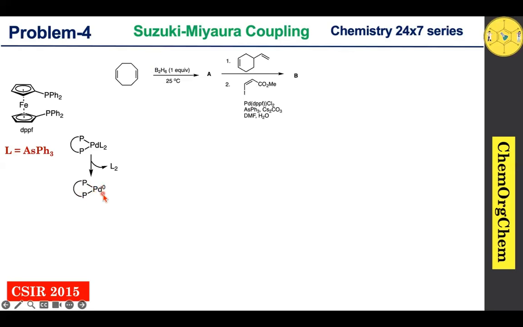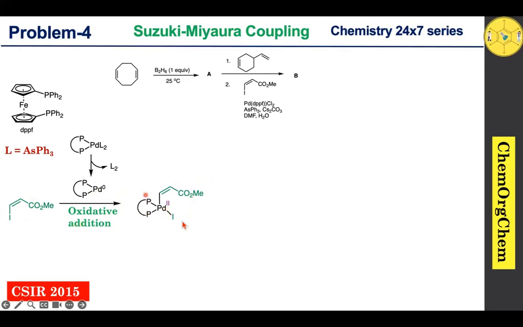This palladium 0 in the next step undergoes oxidative addition with this organoiodide compound, which produces this corresponding palladium 2 complex. Now you see the palladium 0 oxidation state has converted into palladium 2 through oxidative addition.